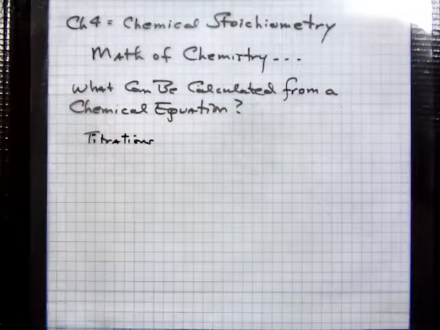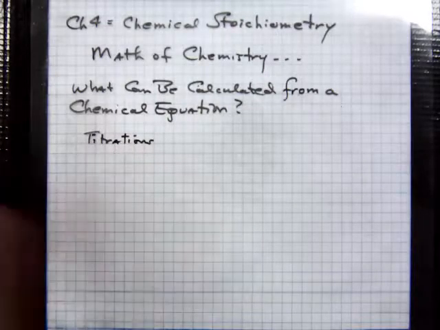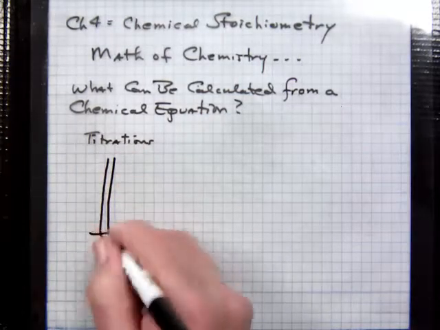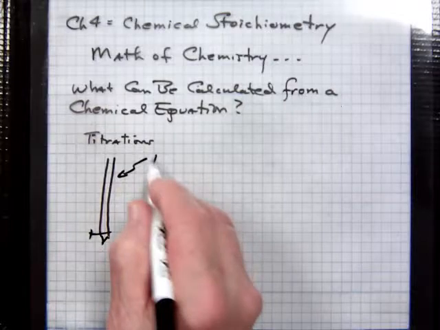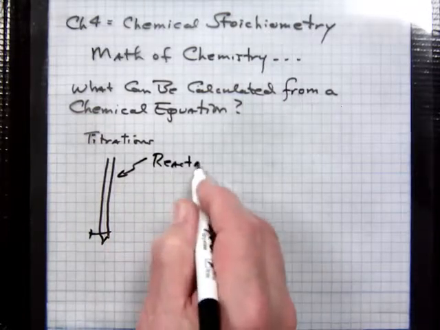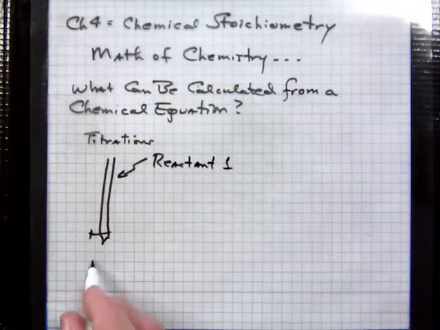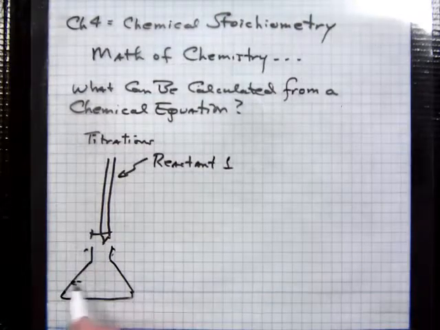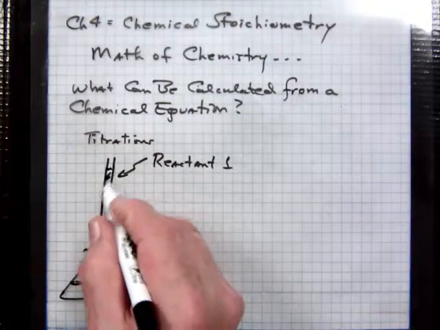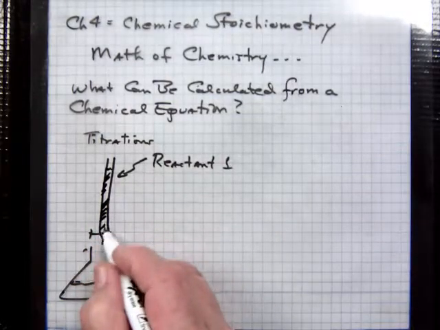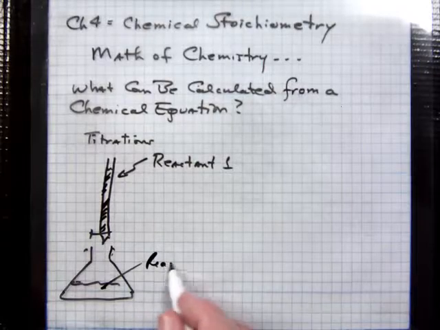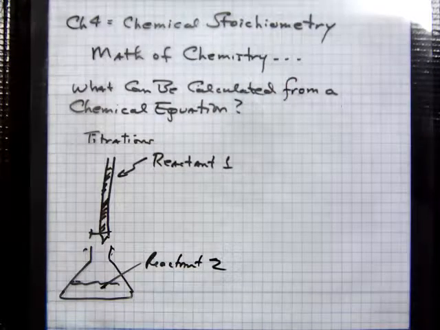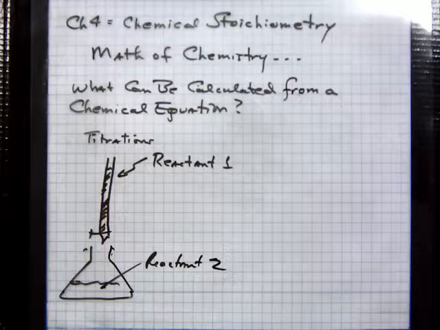Titration is a process by which we separate reactants. Say we have one reactant in a tube called a titration burette, and then maybe a flask here that will have a second reactant. Okay, and you've probably seen this in graphics before.